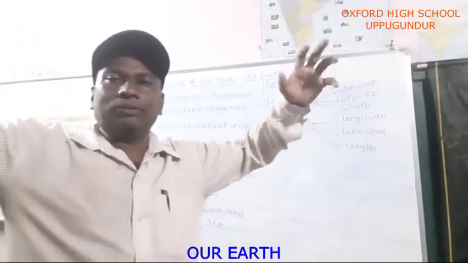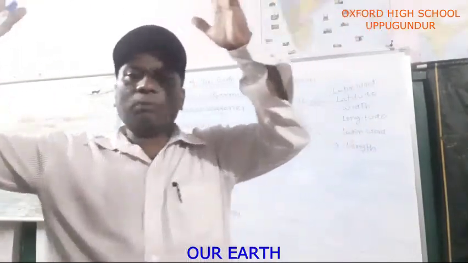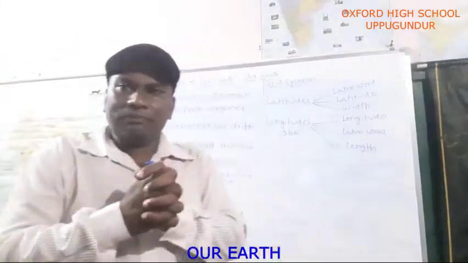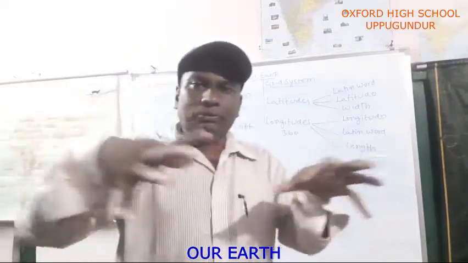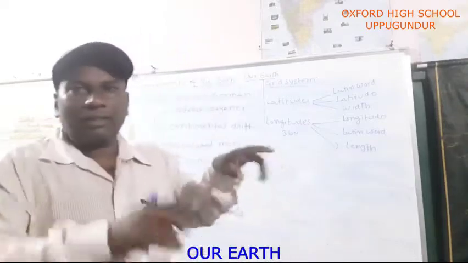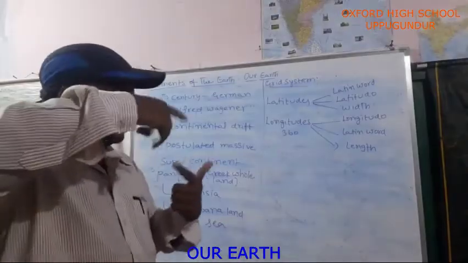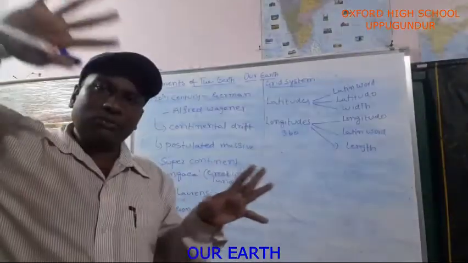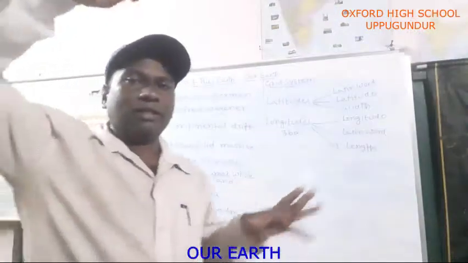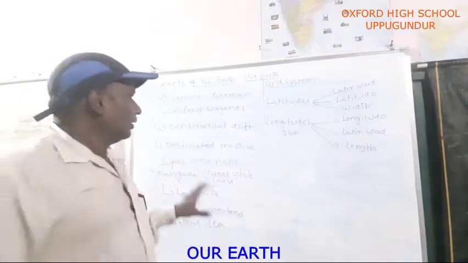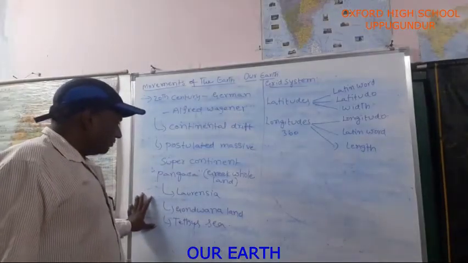Suppose you fix North America and South America with Europe and Africa, surely they will merge. If all the continents come together and you try to fix them, they will fit. Earlier, the area was the same. Only one area existed earlier. Afterwards, according to the continental drift theory, continents slowly moved. This is all about continental drift theory.